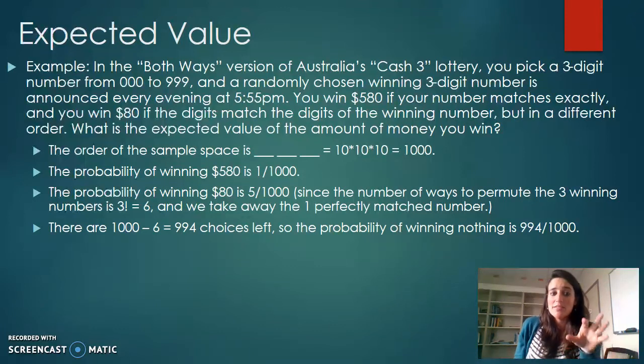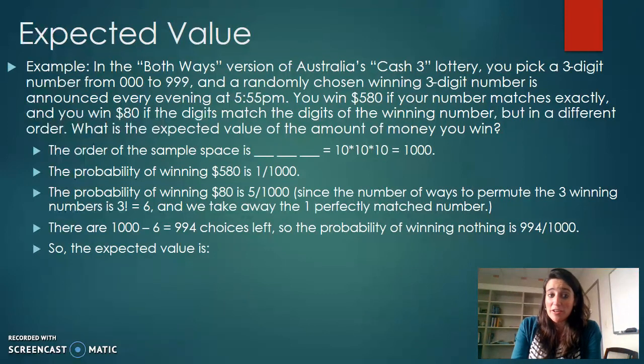That means there are 1000 minus 6, so 994 choices left. And if you choose any of those 994 choices, you win nothing. So the probability that you get $0 is 994 out of 1000. So we can calculate the expected value.